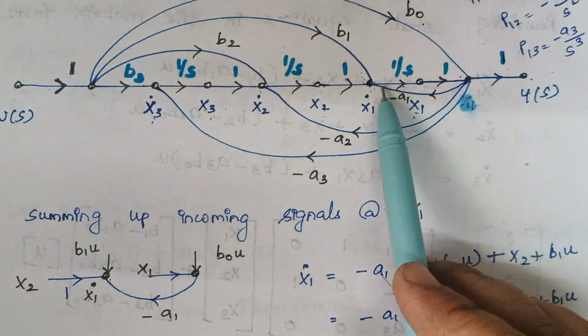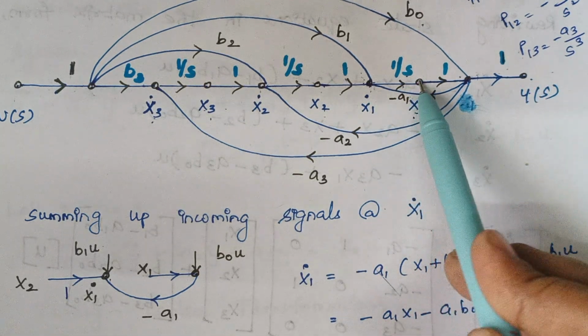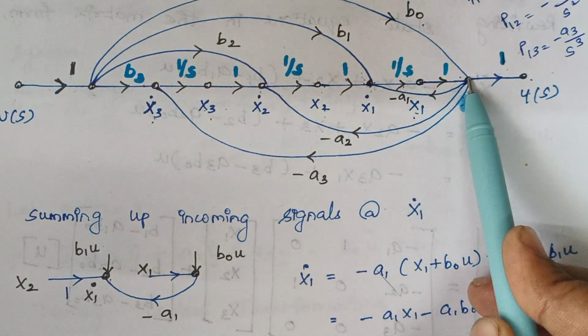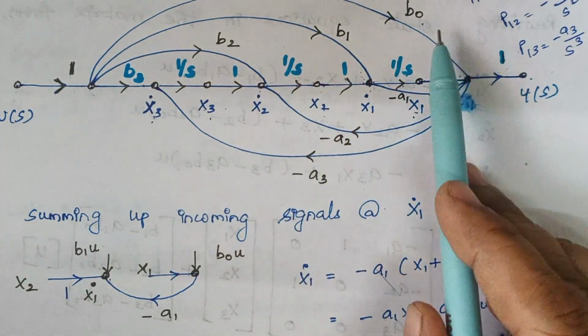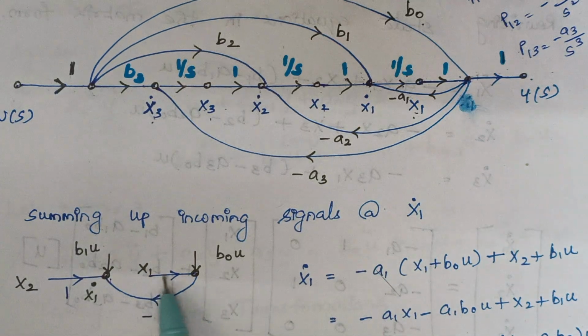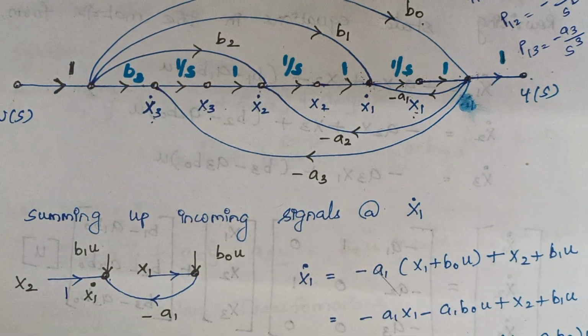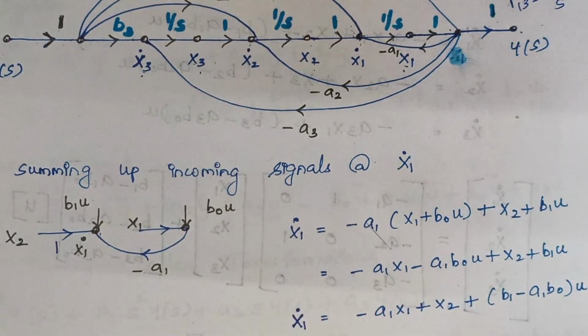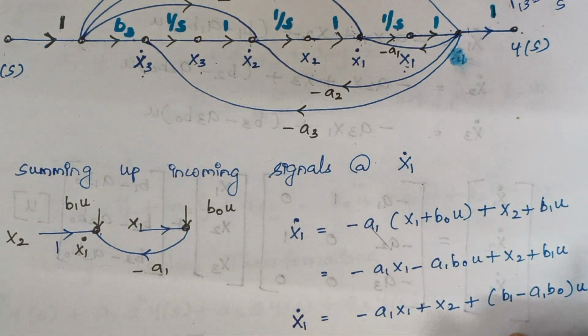From this x1 is moving over here, and again here b0 into u. So just the first step is you have to draw this signal flow graph for the particular state variable. You should be very precise in that, right? After drawing the diagram, we just have to add, that's it.